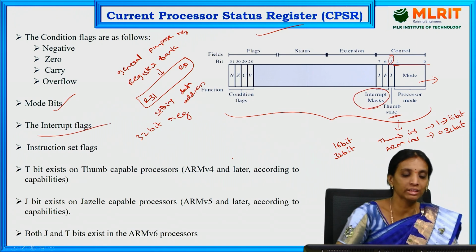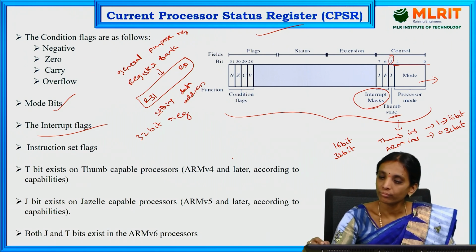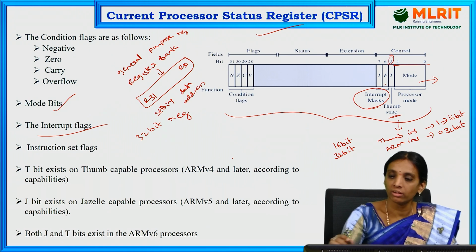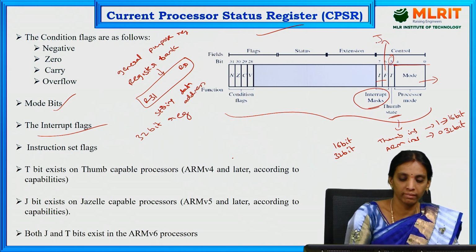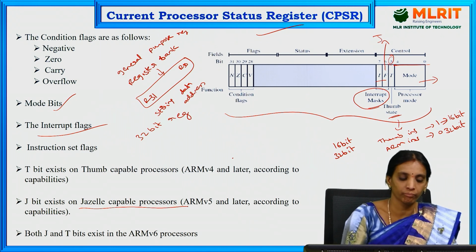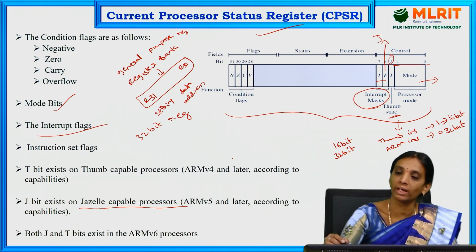Next, the 6th and 7th bits are used as interrupt bits, which are called interrupt flags. There are two bits, I and F, and the F bit is also known as the J bit. The J bit is used for Jazelle capable processors, so in advanced processors only we have the J bit.